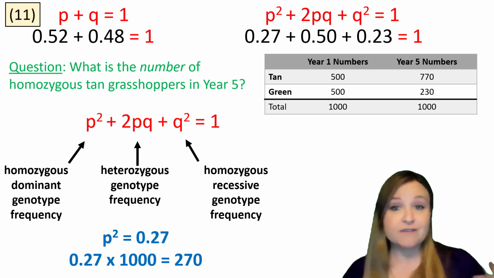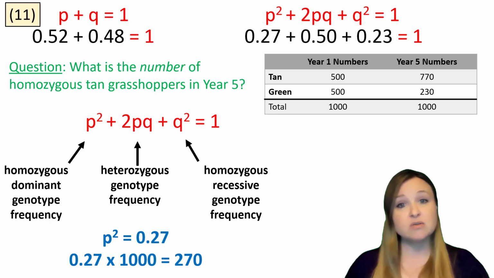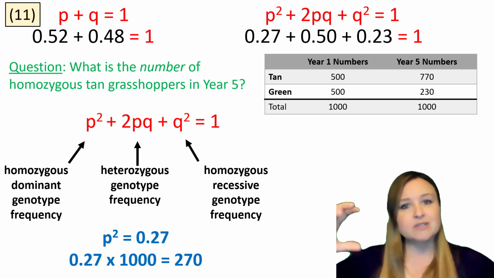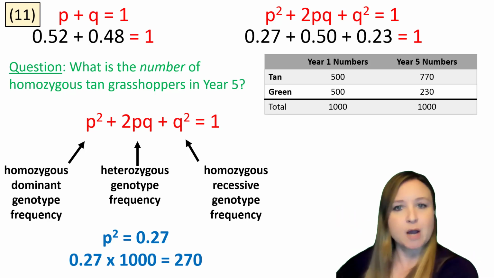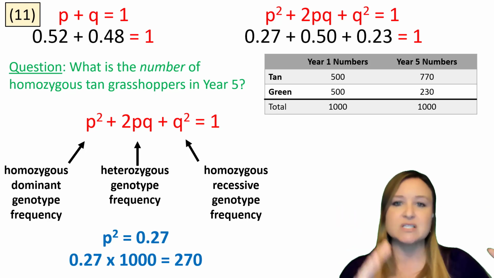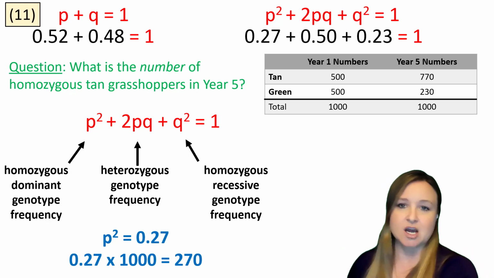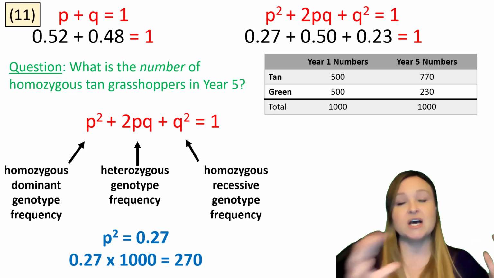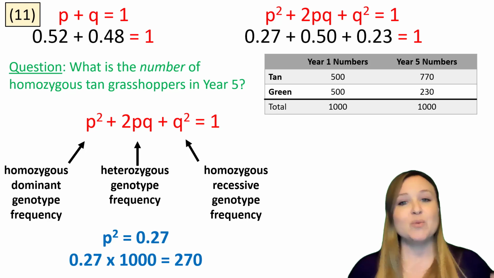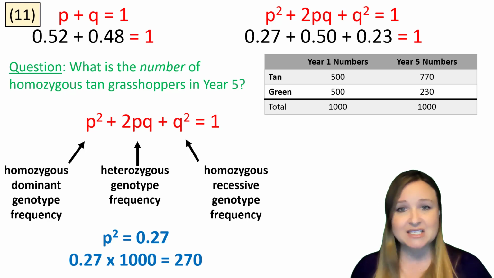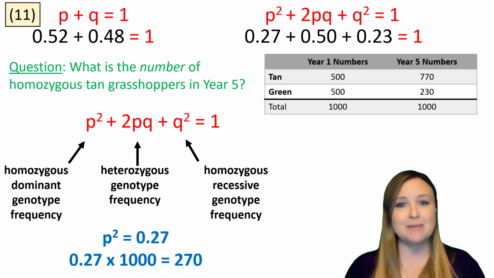But remember, when we figured out P squared, 2pq, and Q squared, we figured them all out to equal 1, or the total of the population. So 0.27 relates to the proportion of 1,000 grasshoppers, not just the proportion of the tan ones. I mention this because I've made this mistake, and I've seen lots of students make this mistake. It's a mistake you may make as well, but try to check yourself.